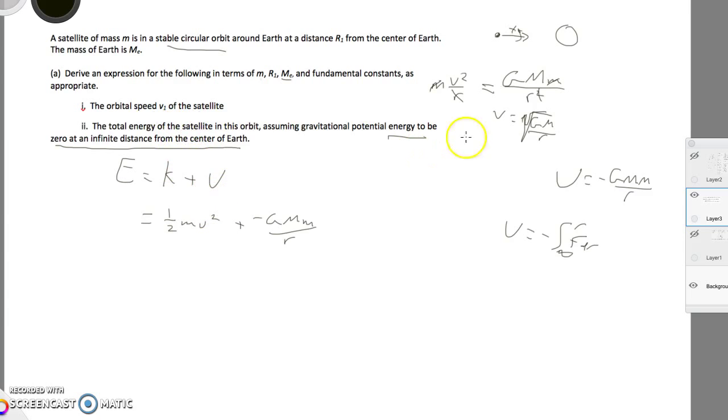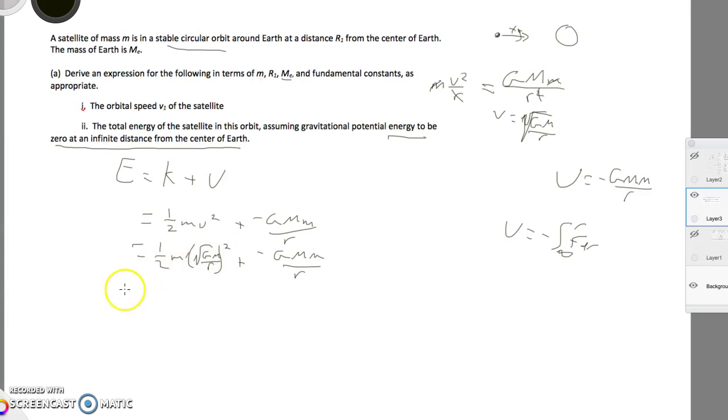Okay, but we know that v is equal to the square root of GM over r, so we can go like this: 1/2 m times the square root of GM over r, squared, plus negative GM over r.